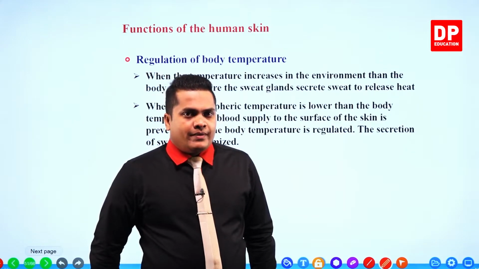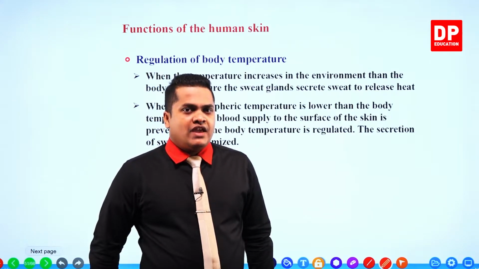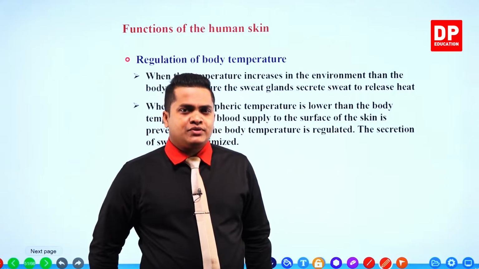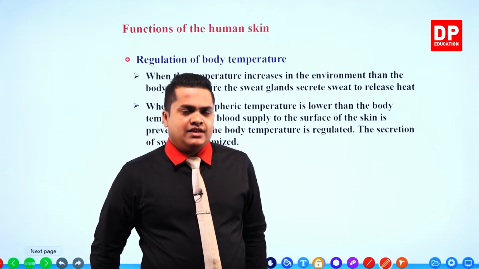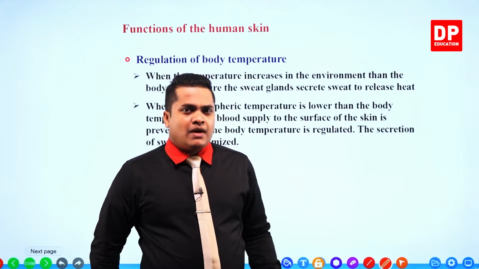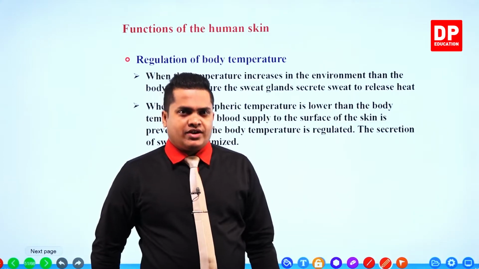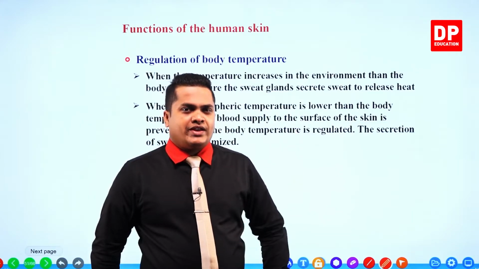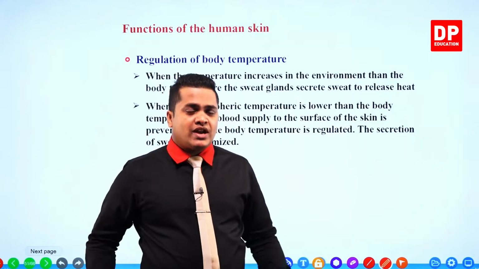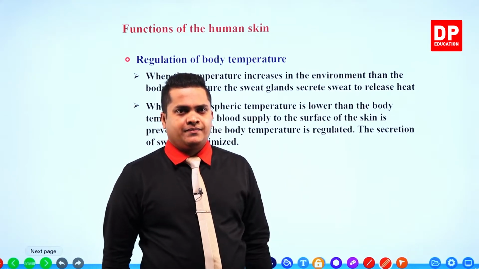In order to evaporate sweat, we have to provide energy. So heat energy is absorbed by the skin from our body during the process of evaporation of sweat. So it helps to regulate the body temperature.